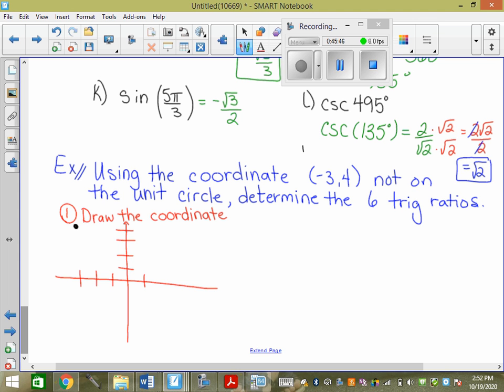Now, this coordinate is on the terminal arm, which for some reason I forgot to write that. So it's on the terminal arm. Anything that's on the terminal arm starts at 0, 0, and goes to it, correct?